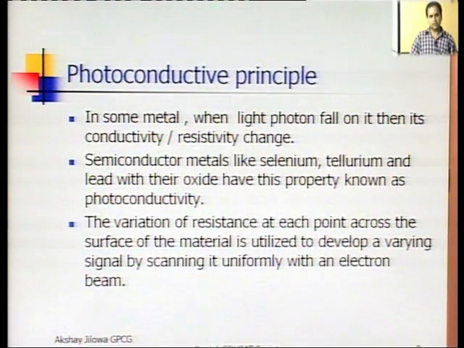This particular principle is used in the camera tube for scanning the area, because the electron beam travels on the surface plate, and when it falls there, the conductivity has already changed as it has been exposed to the source of light, which is the scene. The difference in conductivity between two adjacent portions of the material is considered to be the signal.